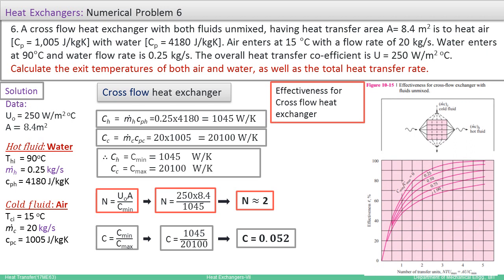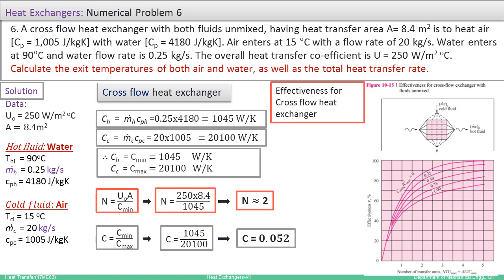Even for this case we have curves of C minimum to C maximum, that is the ratio of C minimum to C maximum, ranging from 0 to 1. We have got 5 curves here, and the x coordinate is NTU and the y coordinate is effectiveness.